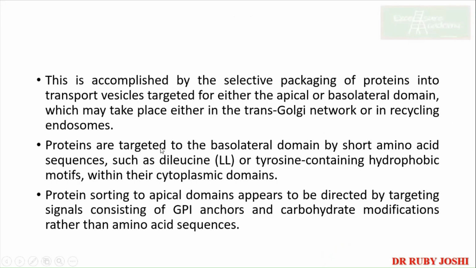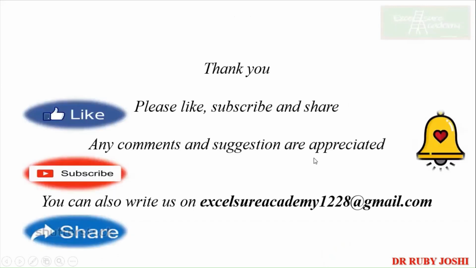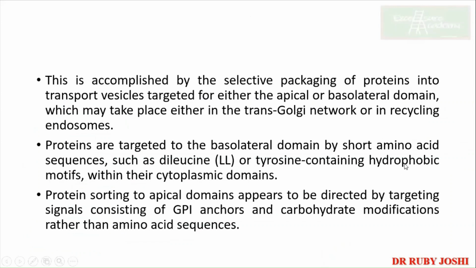For example, the proteins targeted to the basolateral domain have short amino acid sequences such as dileucine or tyrosine-containing hydrophobic motifs. Did you get it? For basolateral, you have either double leucine or tyrosine-containing hydrophobic motifs.